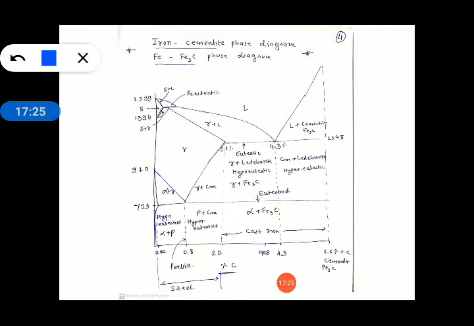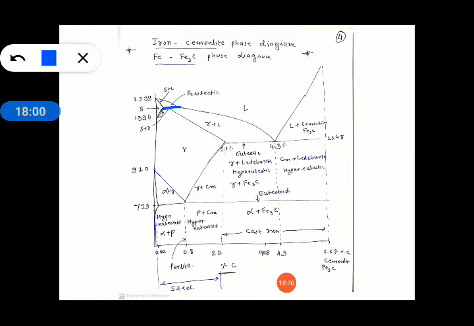Then there is one horizontal line, the line of the peritectic reaction, at which solidification starts, meaning the pure melted iron will solidify.